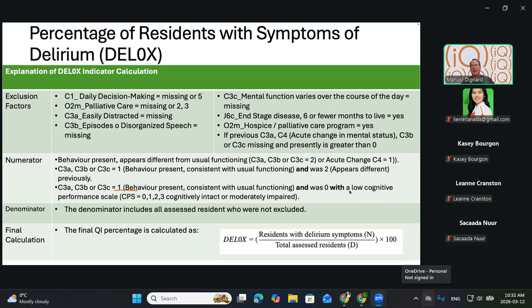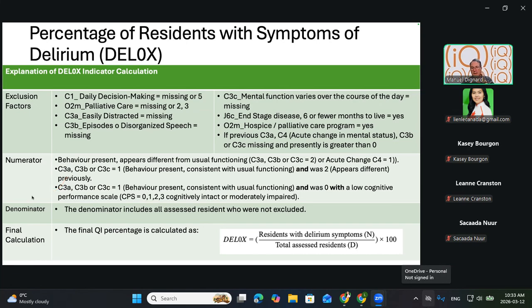If it's present and previously you had a CPS score of 0, it was 0 previously, and your cognitive performance scale says that you're good with decision making, so you did not have issues, you're cognitively sound, and now you're showing something, you're going to trigger this quality indicator.